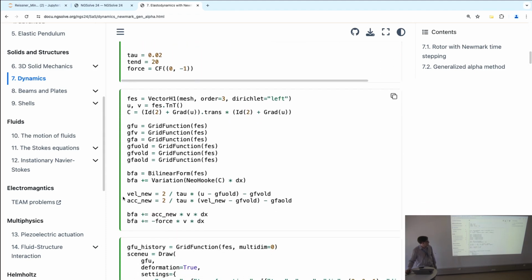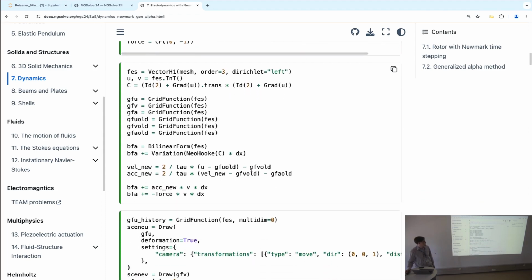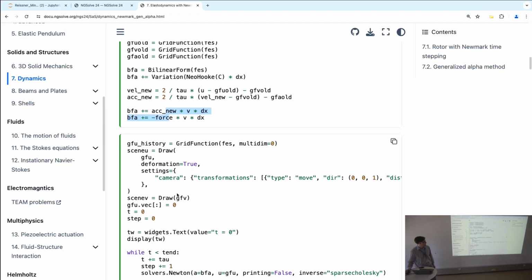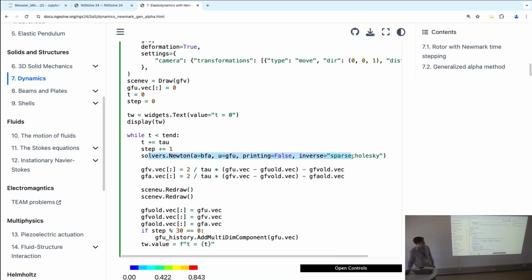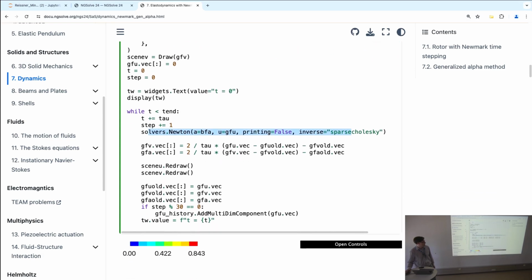So we can simply add our update scheme and add it to our formulation. So we have the energy and the update scheme. And then we make a simple time loop. And each time we solve our problem, and then we update the velocity and acceleration.